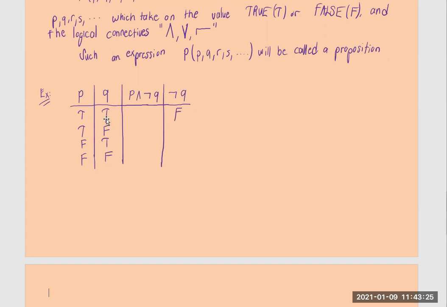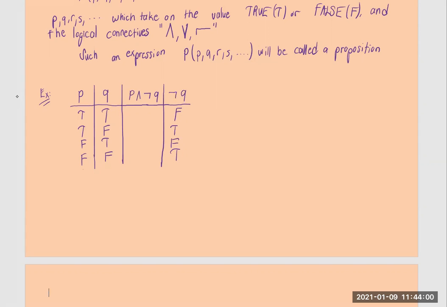For true we will write false, for false we will write true. So we have the not Q values as false, true, true, false, and we know the P values true, true, false, false.